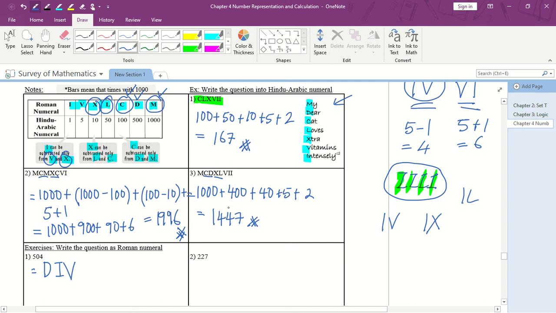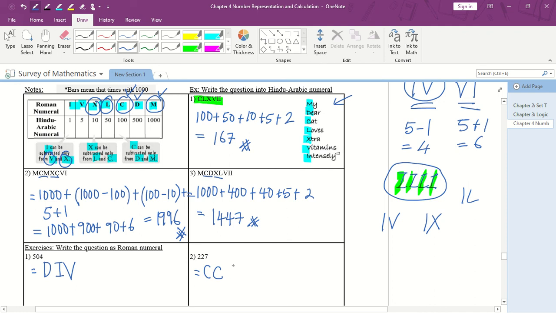Okay, so let's look at the next one. 227. Which numbers are closest to 227? I believe you say C, right? Because C is 100. So we can write here C, C. That will be 200. How about here? 2, 20, 27, right? 27.